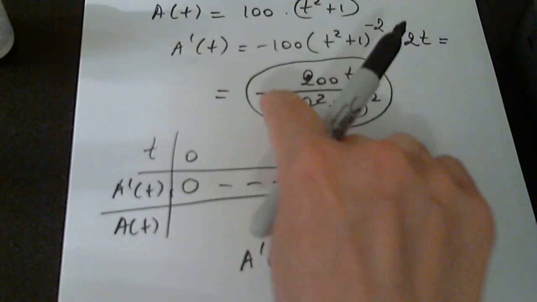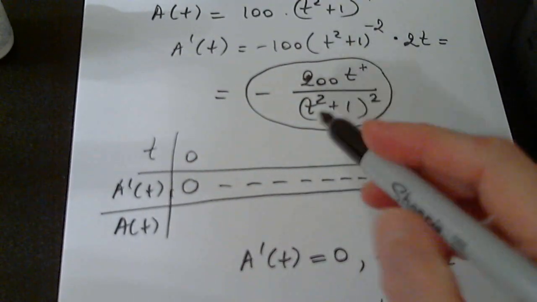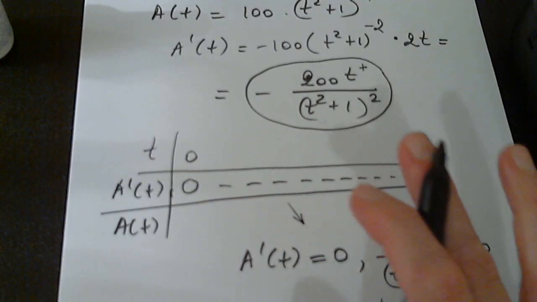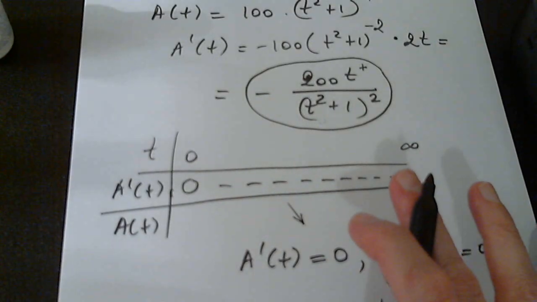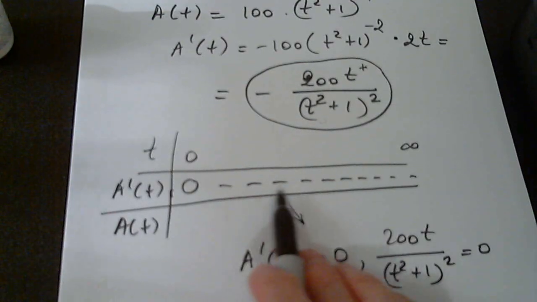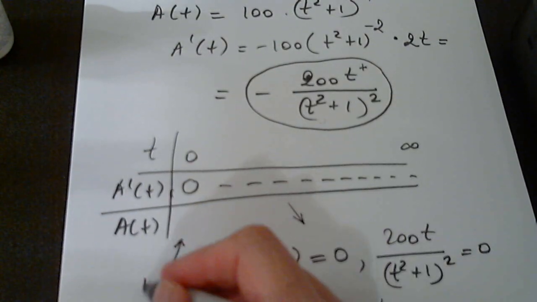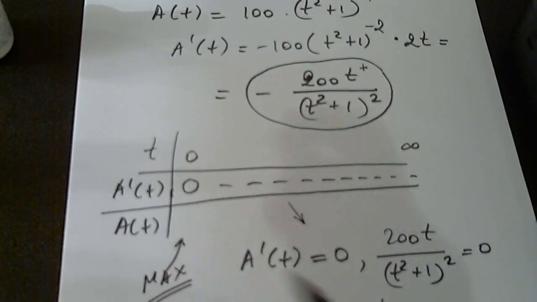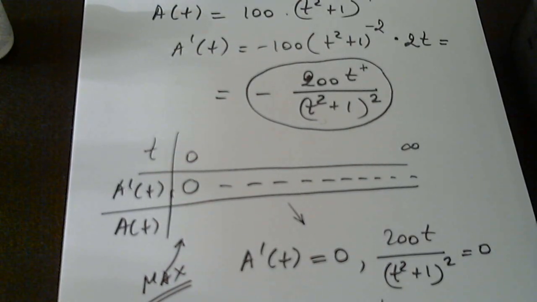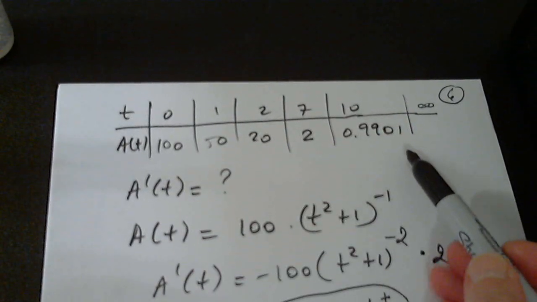Positive, positive, positive with minus in front will be negative. So as they already told us from the beginning, the function is always decreasing. Then this must be the absolute max value. There is nothing else. So the maximum value is, as you already see it here.